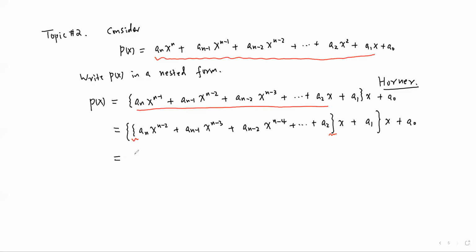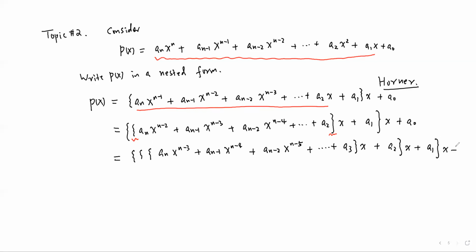Then we have a_n x^{n-3} plus a_{n-1}x^{n-4} and a_{n-2}x^{n-5}, then plus the second last term a_3 times x plus a_2 times x, then a_1 times x plus a_0. Continue the factorization.